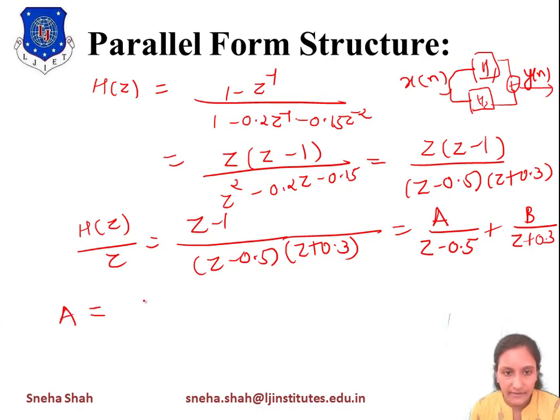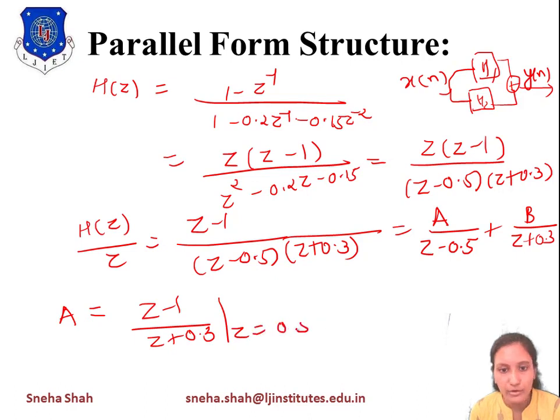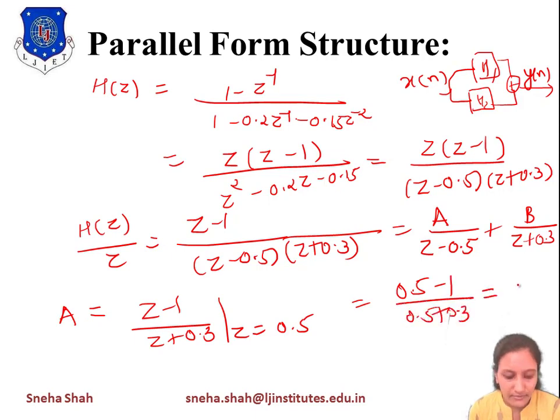In this factor we will not take z minus 0.5. So z minus 1 upon z plus 0.3 at the value of z equals 0.5. So if we put this value, 0.5 minus 1 upon 0.5 plus 0.3, this will give you the output as minus 0.625.